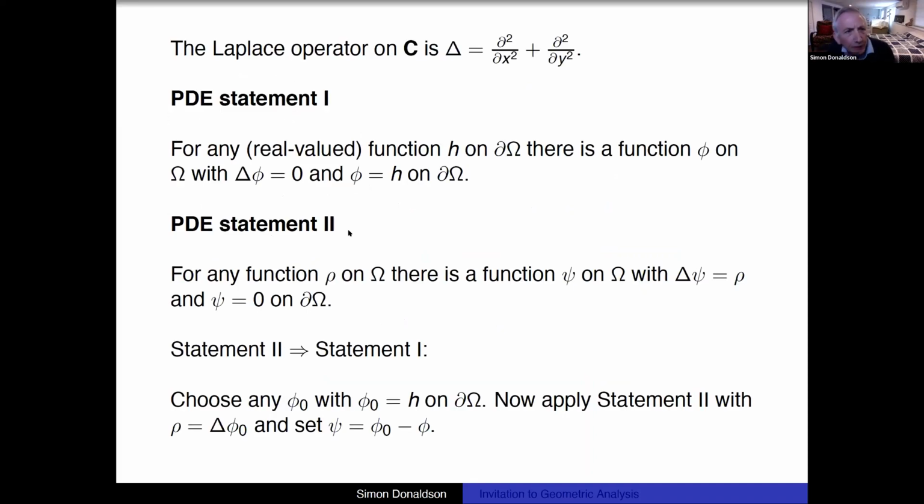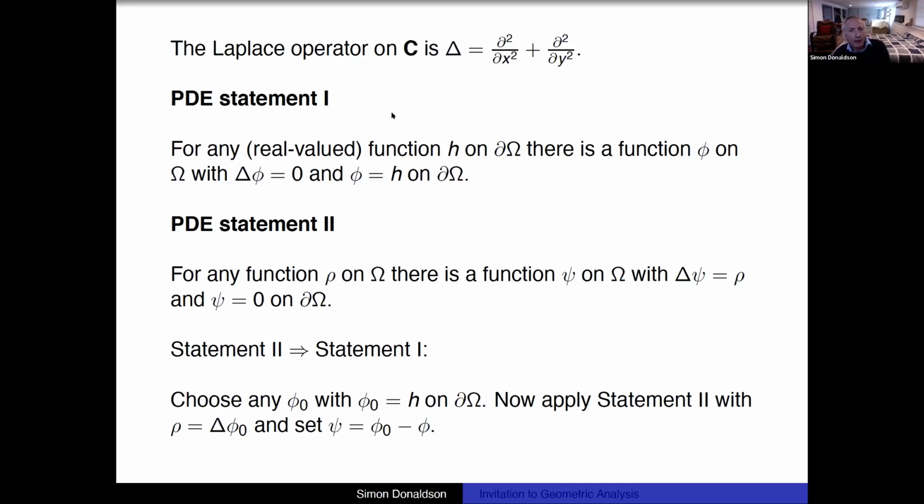So we want to explain how results from partial differential equations can be used to prove this important statement. The key player here will be what's called the Laplace operator acting on functions on the complex numbers, just the sum of the second derivatives in the 2 directions. And we write 2 closely related statements.